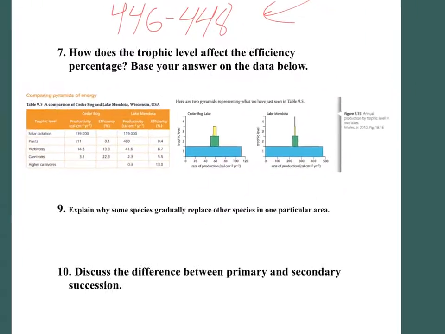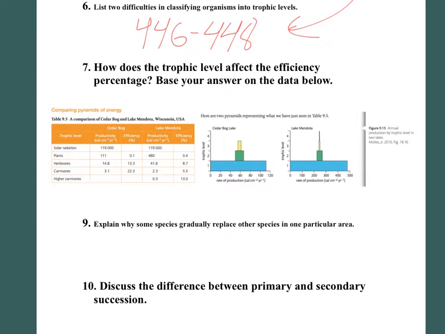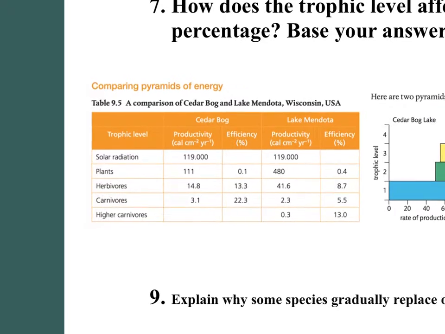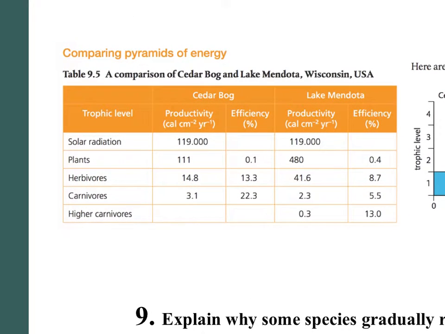So only have a couple more questions. How does the trophic level affect its efficiency percentage? Base your answer on the data below. So if you look, let's zoom in. Percentage efficiency goes up from plants. As you go that way, percentage goes up. Increases due to a decrease in availability.